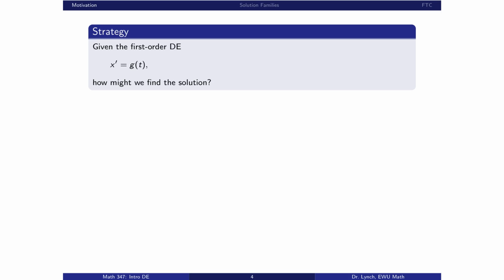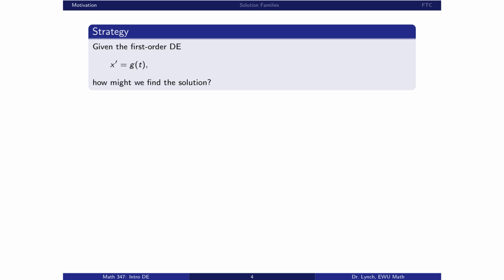So let's think about this critically a little bit. Given this differential equation, x prime equals g of t, how might we find the solution? Well, here by a solution, we mean a function x such that when you take the derivative of that function, you get back g. That's just another way of saying that x is an antiderivative of the function g.